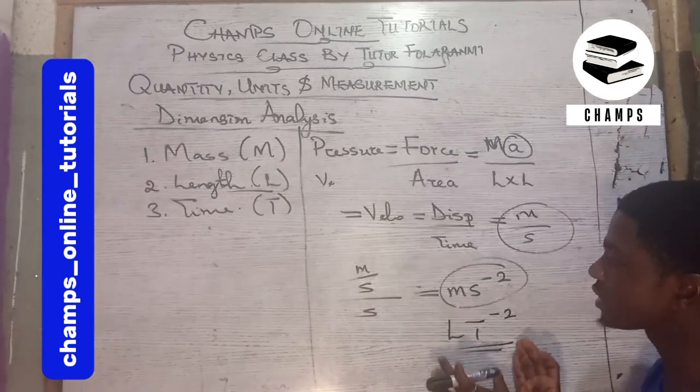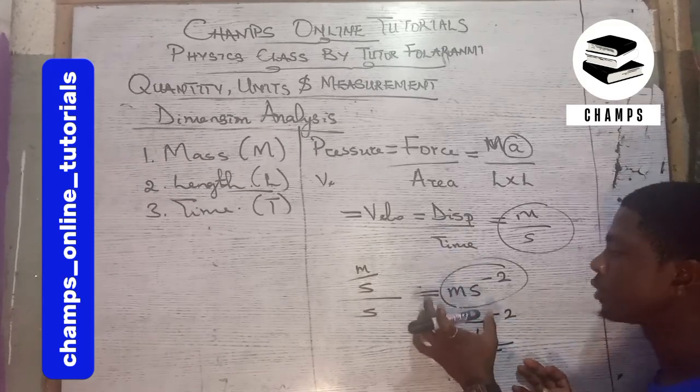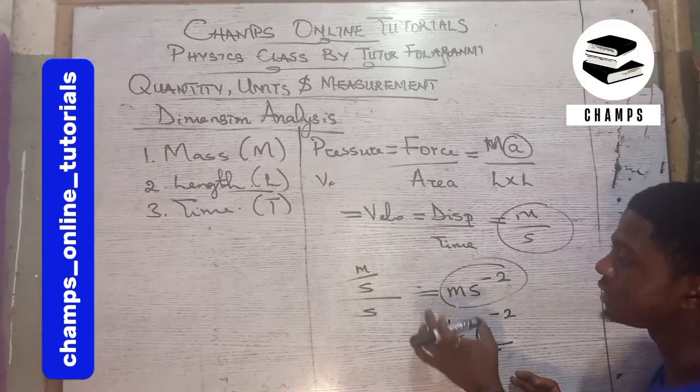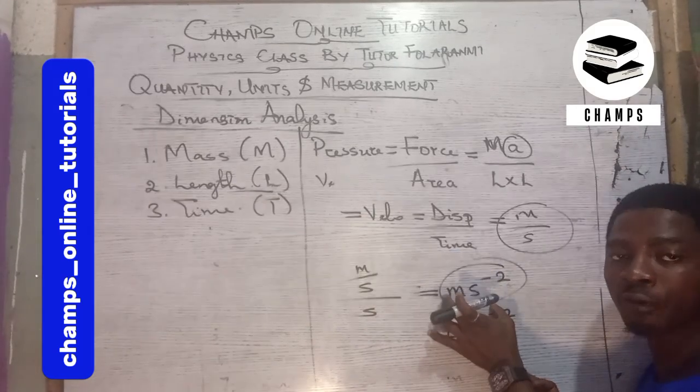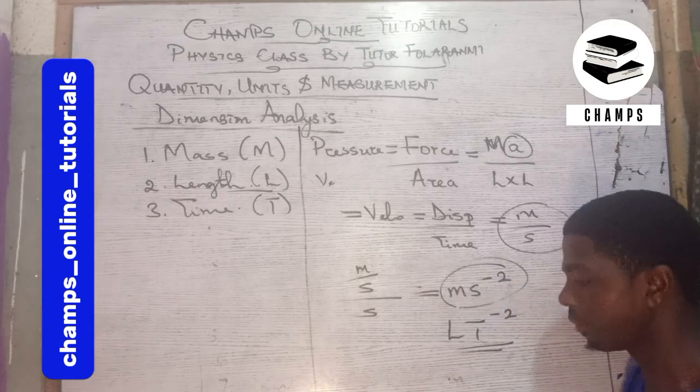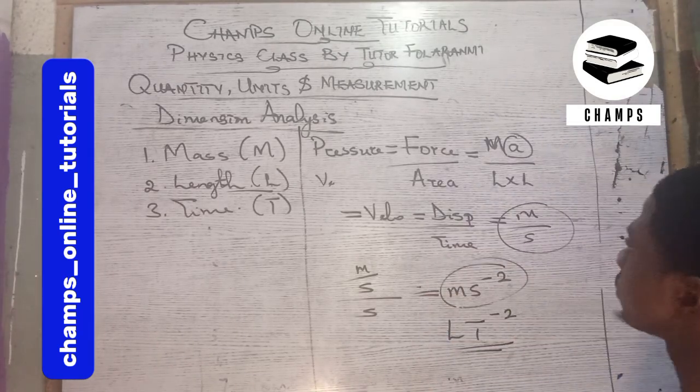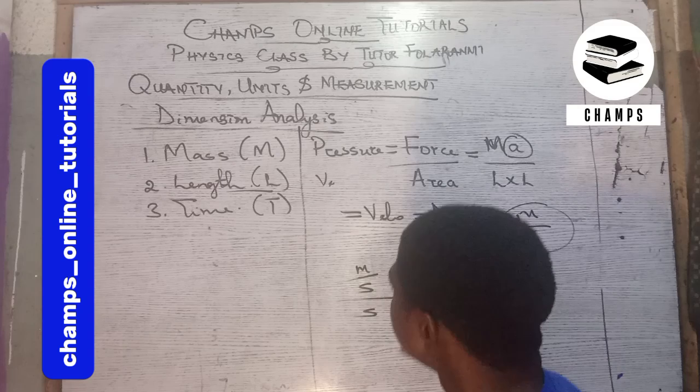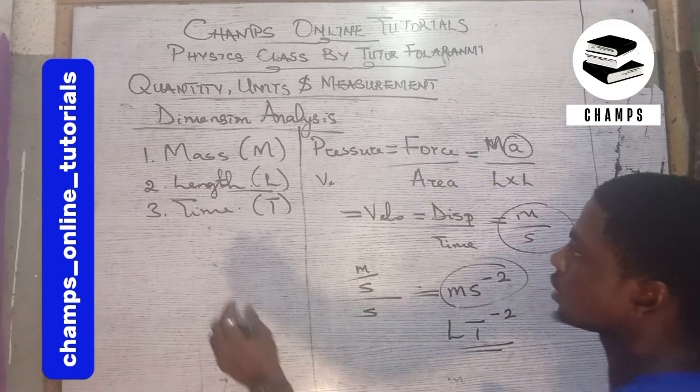So this is just how to get our dimension analysis out of our fundamental unit or derived unit. I believe that is very much clear. So coming over, since we are still going to area now, don't let me clean this side yet.